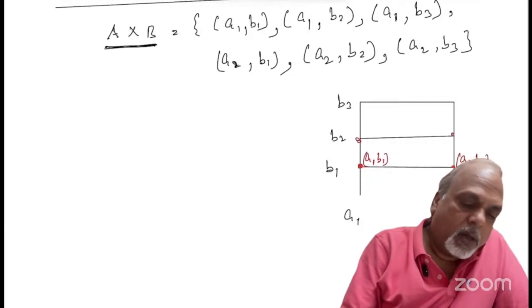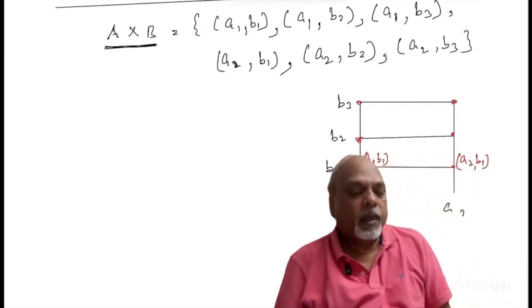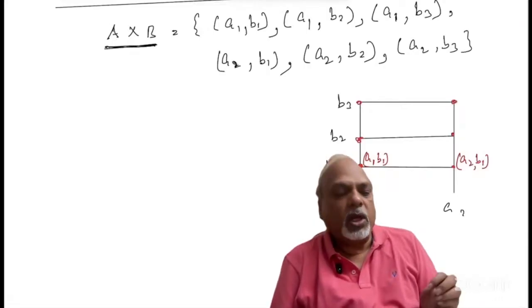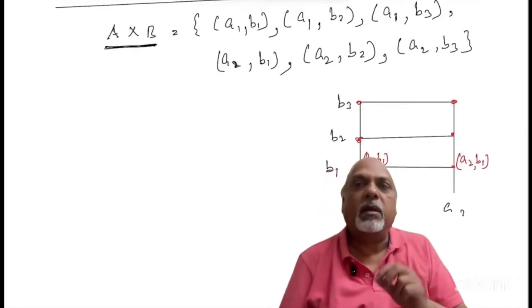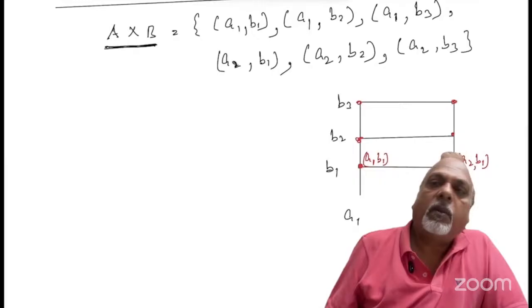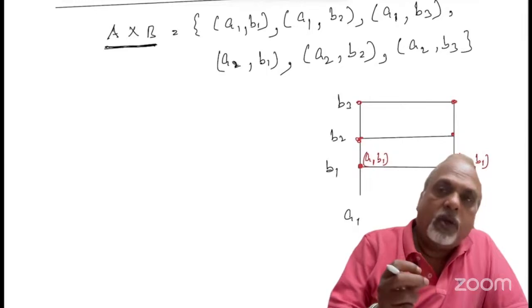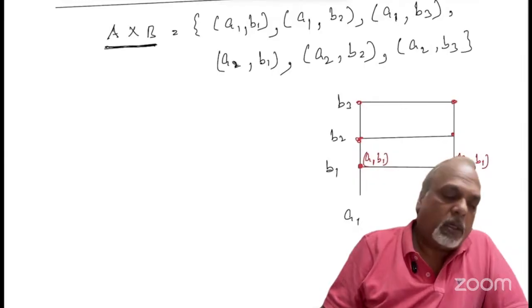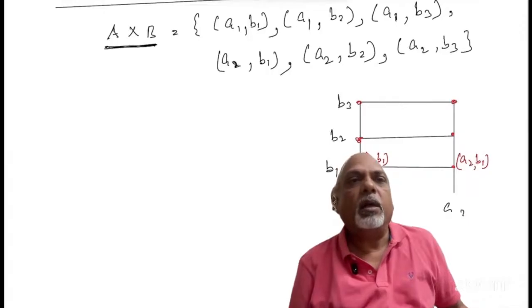Like that, all these points are there and basically they are the distinct points. Correct? Position of these ordered pairs will be on this map. It will have the distinct position. A1, B1 has got a distinct position and A2, B1 has got a distinct position. Correct? So this is the meaning of basically Cartesian product.